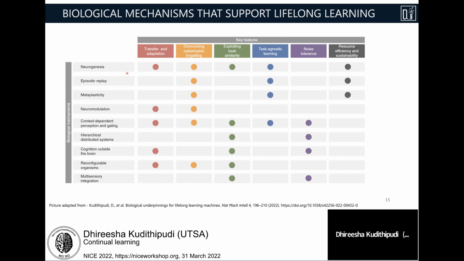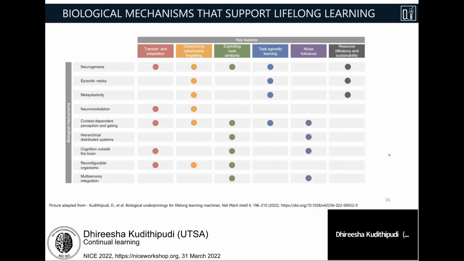Depending on the type of environment we are deploying the models in, we need to identify the right mechanism. Also, in some cases, having a dot in here supports that specific key feature, but the degree to which it can support it also varies. So there is a lot to be discovered in here, and how efficient each of these mechanisms can be in achieving a certain feature.